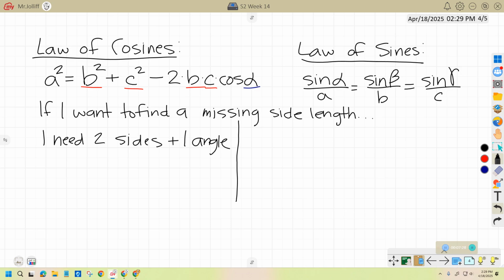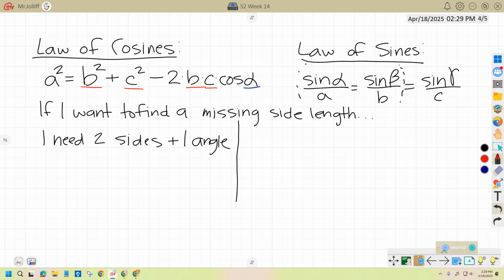And we're going to do the same analysis on law of sines. We're going to ignore the gamma and just look at these first two fractions and ask ourselves the same question. If I want to find that missing side length A, what do I need in order to do that?